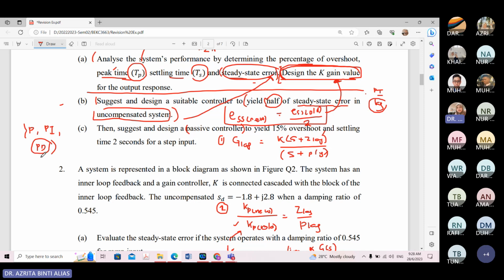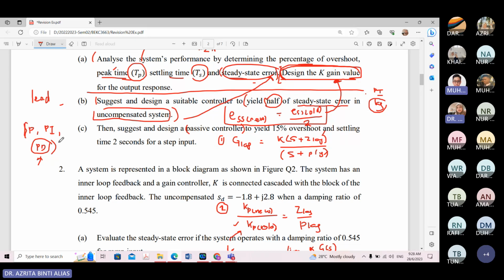Okay, PD awak ni. Sedih saya tahu. Sebab PI dia nak, kalau PI dia nak ESS zero kan. Tapi dia tak mention pun steady state zero. So mungkin PD lah rasanya. Salah. Lead lah awak. Lead tu. Sebab tu kita belajar dari kesilapan.